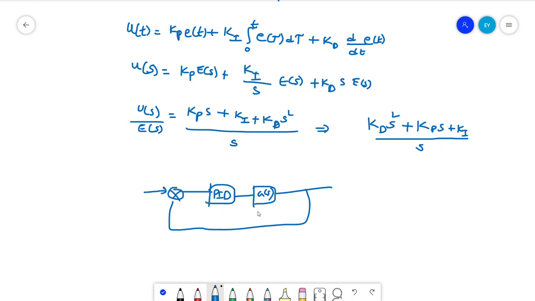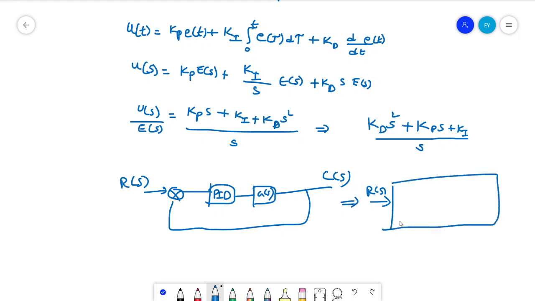So if you write the expression for this closed loop, C of s by R of s, and take the equivalent, it becomes PID into g of s divided by 1 plus PID into g of s.